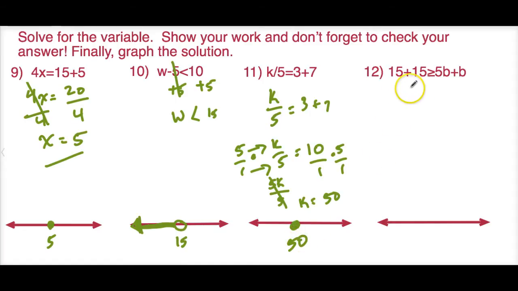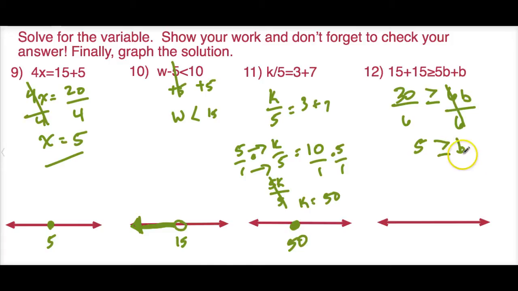And our final one is 15 plus 15 is 30, and 5b plus 1b is 6b. I need to isolate my variable. So I have to do the inverse of multiplication, which is division. So I divide by 6 on both sides. And that leaves me with 30 divided by 6 is 5.